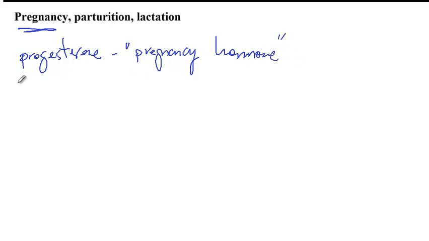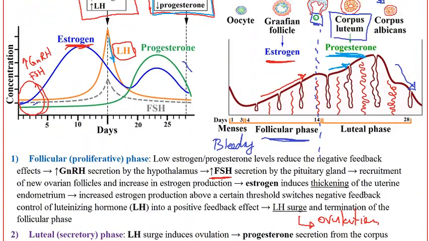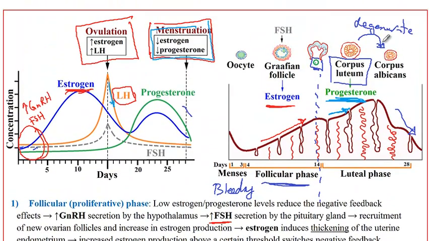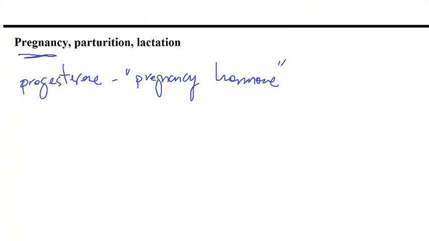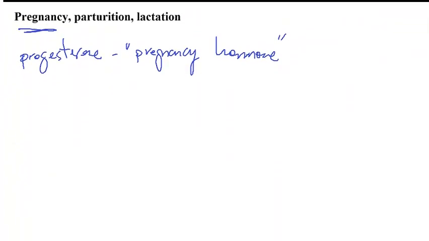And so now let's discuss what changes are induced by progesterone. So progesterone secretion, as we just discussed, is initially mediated by the corpus luteum. So the corpus luteum will initially produce progesterone, but then later on, once the placenta is formed, after 10 weeks following fertilization, the placenta will take over.